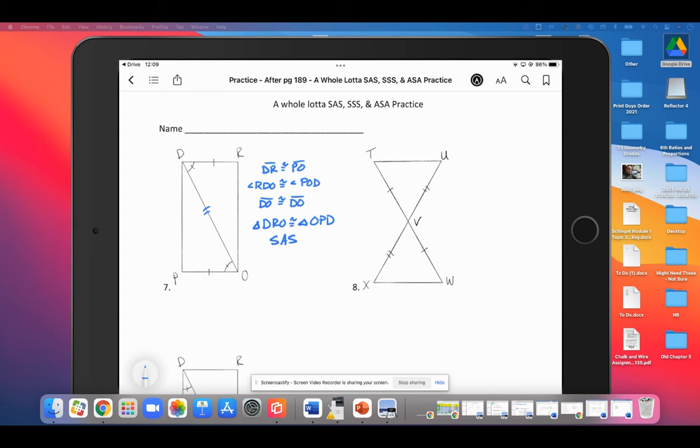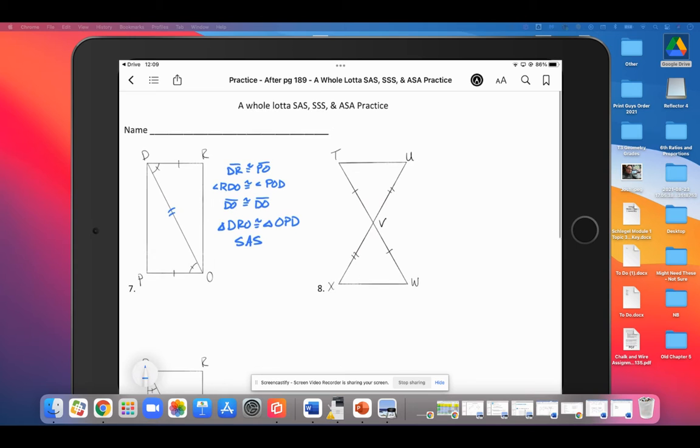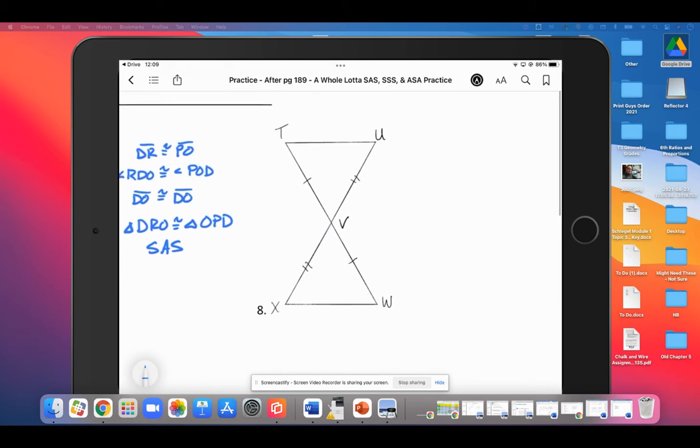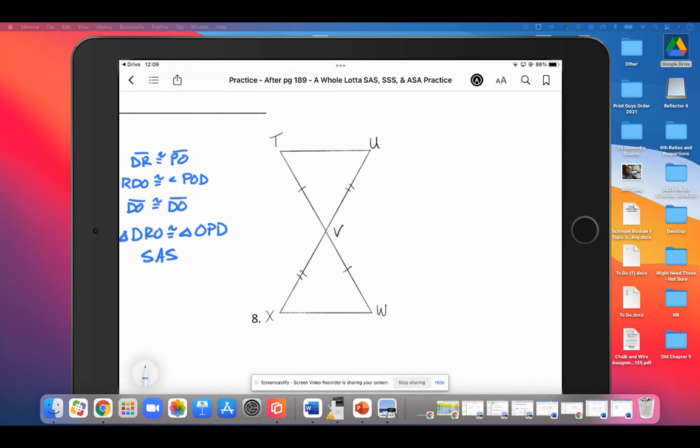So I did go back and add the triangle congruence statements on 5 and 6. I did forget to put those on there. So what I can see next, everyone, is I do have that UV is congruent to XV. I have that WV is congruent to TV. And I can see that I do have vertical angles here.